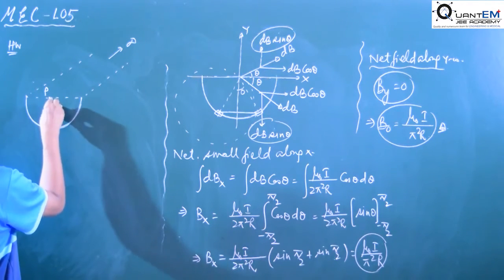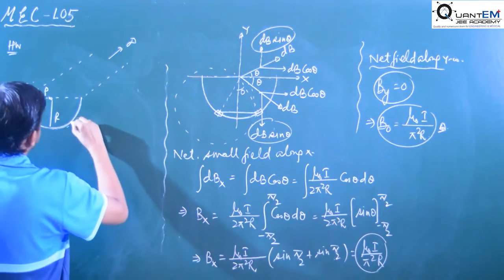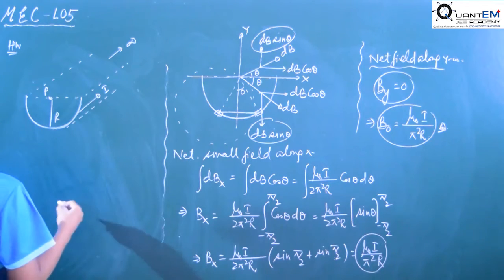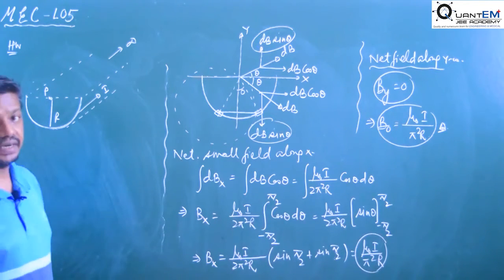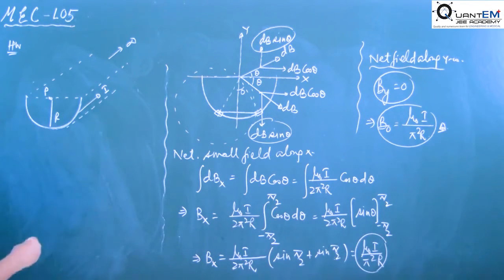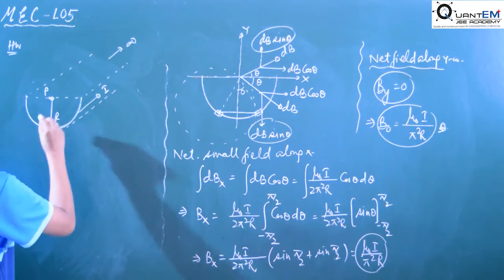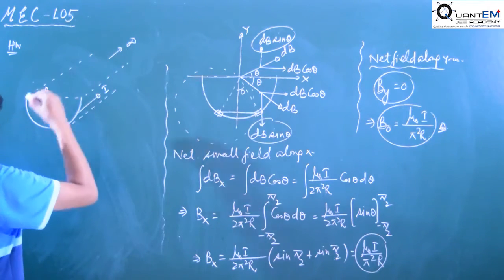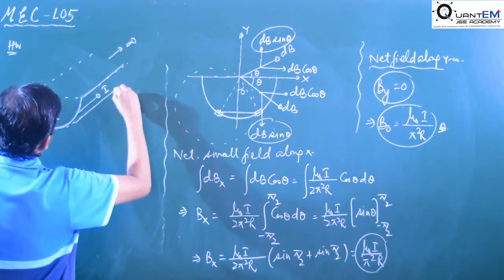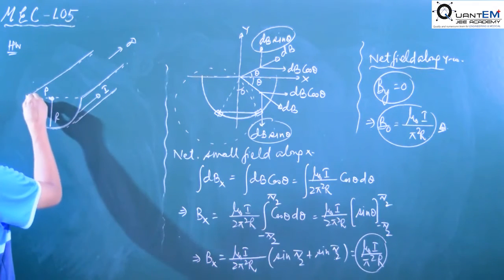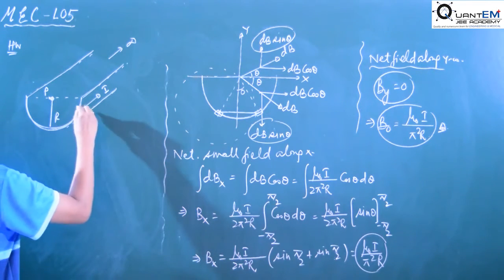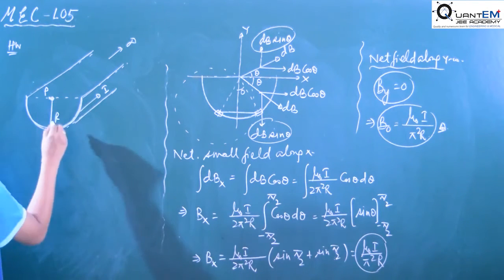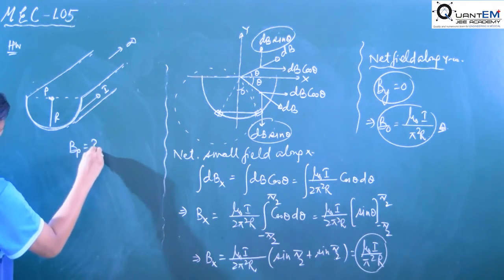This point is P. This radius is r, and current flowing through this conductor is I. But this one is a semi-infinite long conductor, because you have to find magnetic field intensity at this point P. It is infinity inside the plane of paper. This one is an infinite long conductor, and current is flowing in the cross section of the conductor. Current flowing is I. This one has a semicircular section. So you have to find magnetic field intensity at point P.